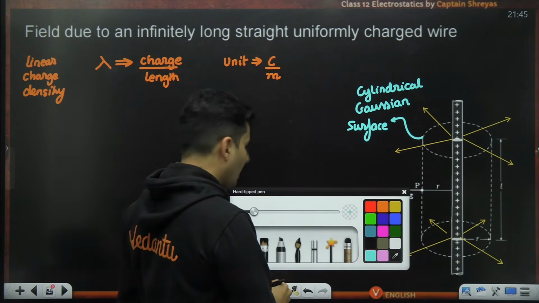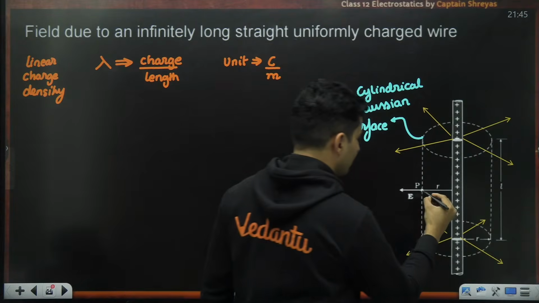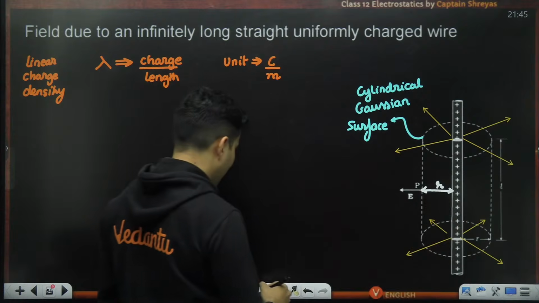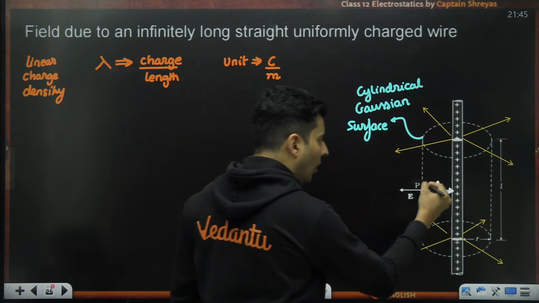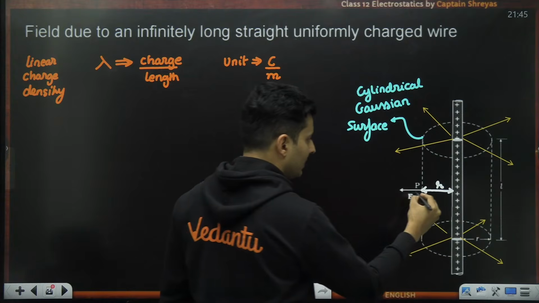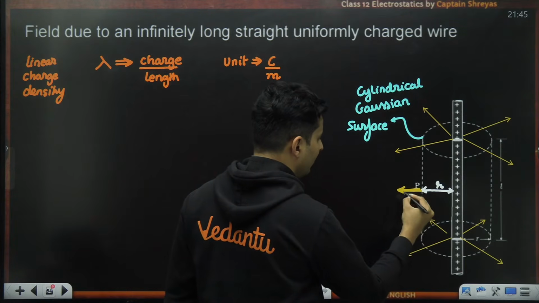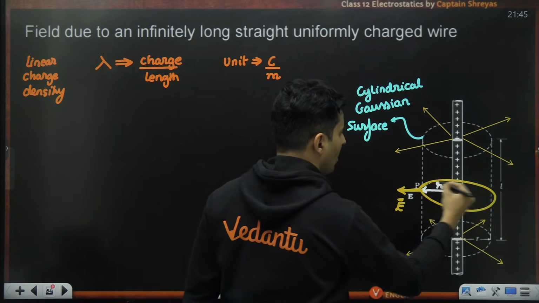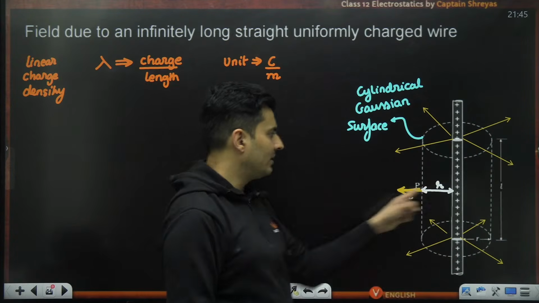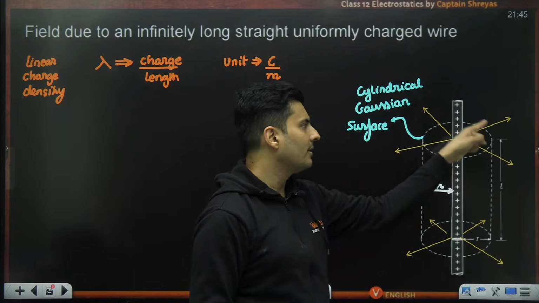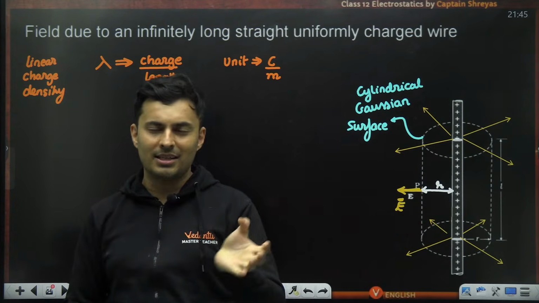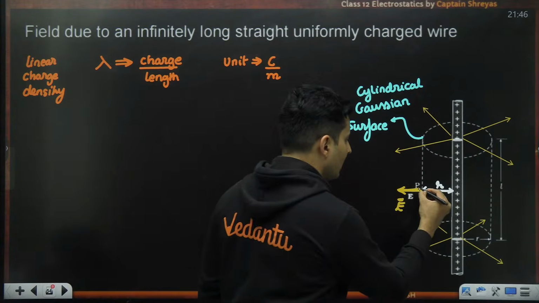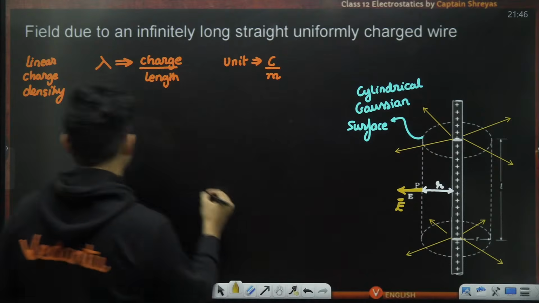If you are at some distance r from that wire, everywhere on that curved surface of the cylinder, the magnitude of the field will be the same, because you are at the same distance from it. The number of lines density is the same, so field strength will be the same everywhere on that curved surface. So that is one thing.